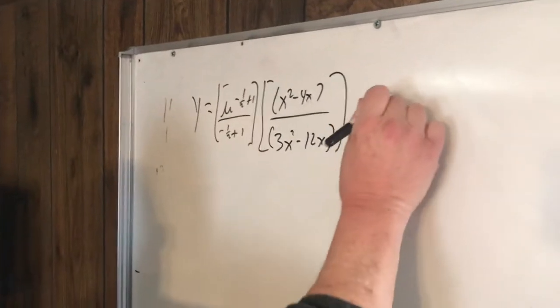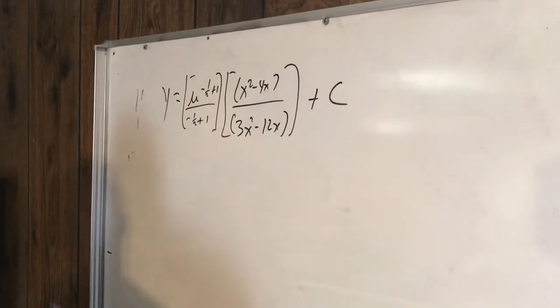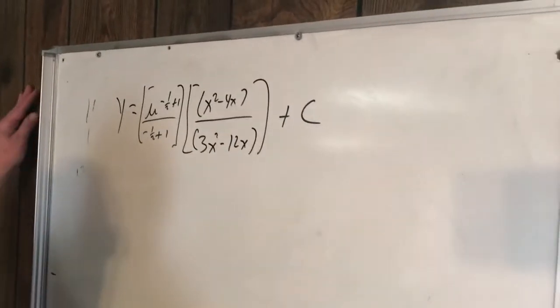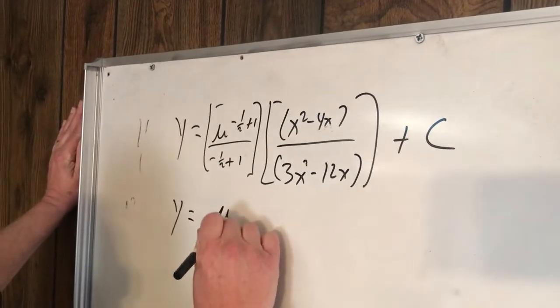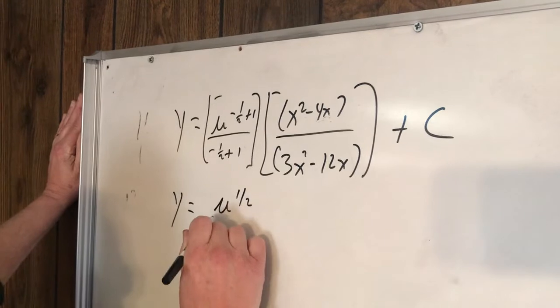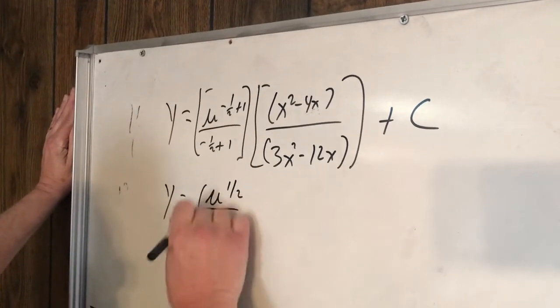And you've got to add on the c because this is the indefinite integral. So y is going to be equal to u to the 1/2 divided by 1/2.